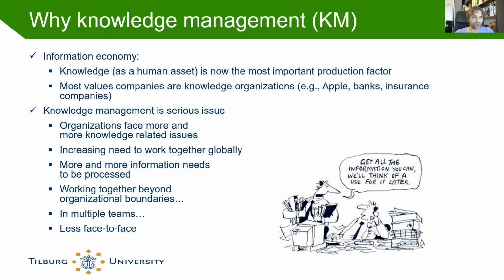They're part of different virtual teams. It becomes more and more important to process information to keep ahead of the competitors. So knowledge management is difficult because of all these factors that you see on screen now, which we discussed in the first and second lecture. They are all factors that we see happening in today's economy, and they all revolve around knowledge management.